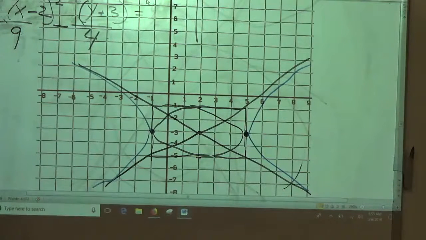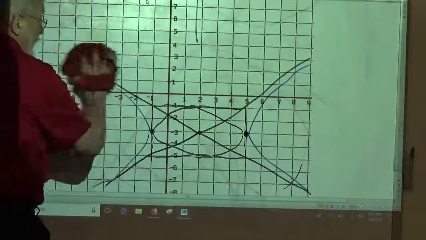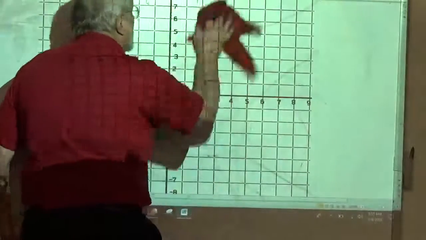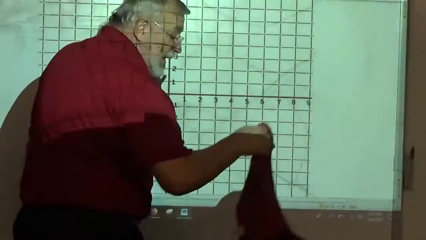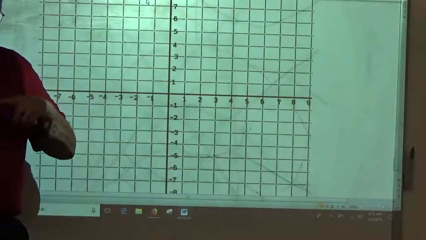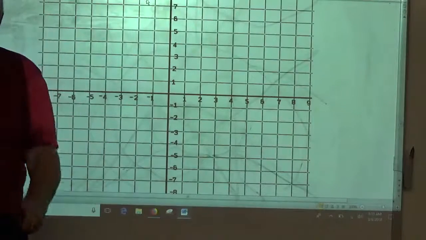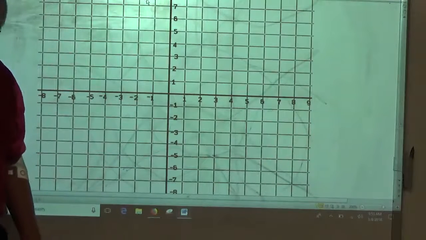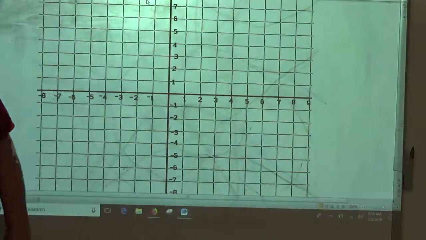And the third thing is completing the square. When I teach Algebra 1, that's one of the skills they have to be able to do well, because you can't do conic sections unless you can complete the square.